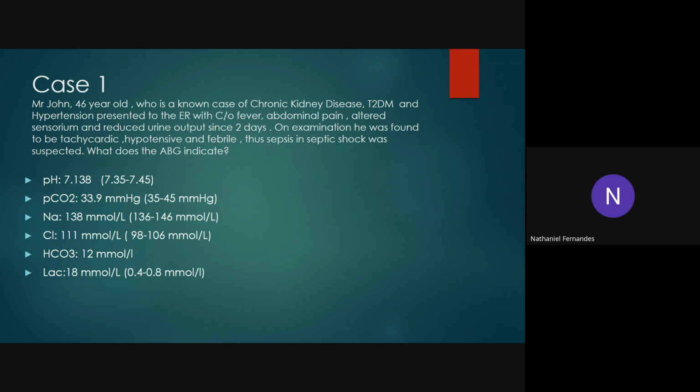I've not really calculated it because I didn't have a pen and paper, but bicarb is low and the pH also is low, so it's probably acidosis secondary to a fall in the bicarb levels. That's all I can say, because I've not really calculated it.